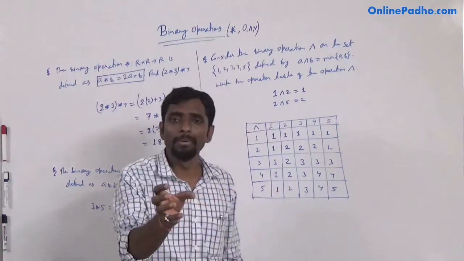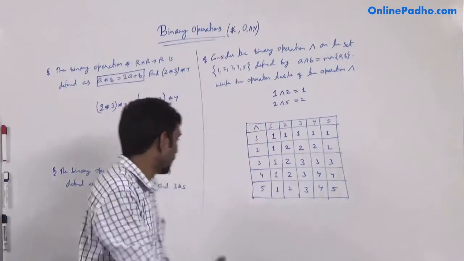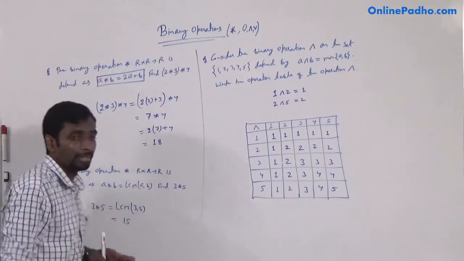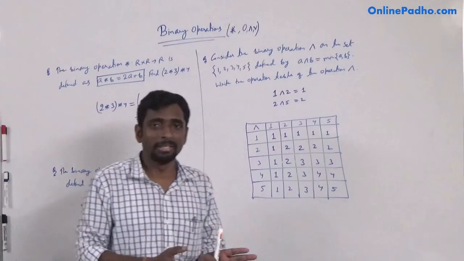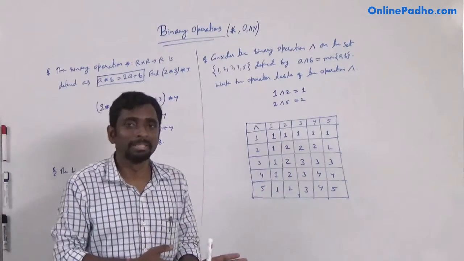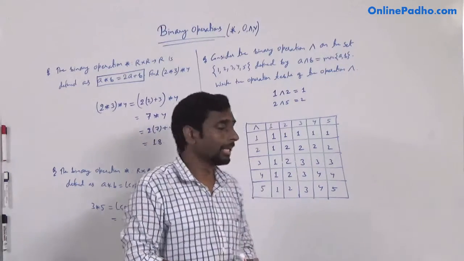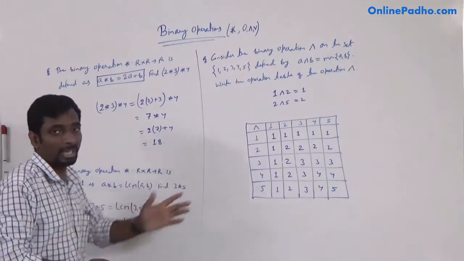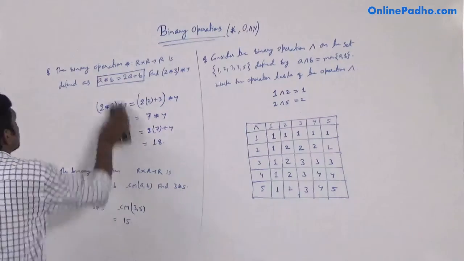If we have a limited number of elements in the set, then we can draw the table. If we have an unlimited number of elements, like real numbers, we cannot draw the table. We can draw the table for a set containing a finite number of elements. In the case of an infinite set, like real numbers or natural numbers, we cannot draw this type of table, right? So this is the basic concept of the binary operation.